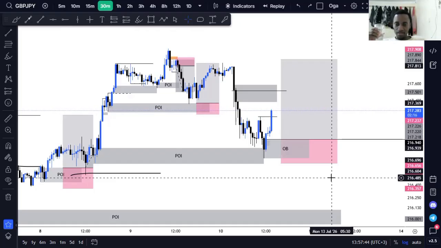Maybe if I go at 3 or 4, I'll come back at 6 or 7, because I don't need to wait for these things. I just need to wait for confirmation. So when price reaches my entry, or when it gives me the right confirmation, I set my orders and move away.